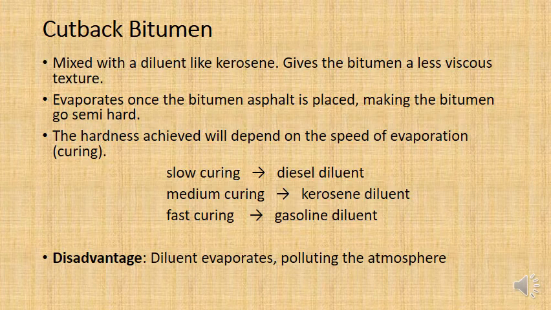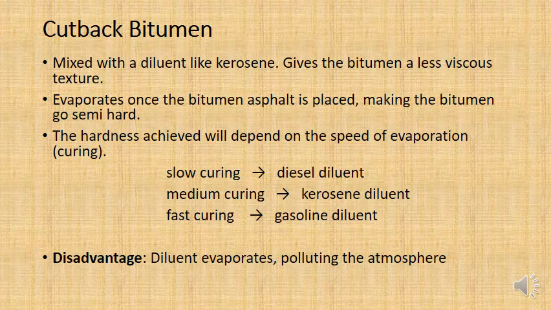And then what's going to happen is the kerosene is going to evaporate. When it evaporates, it leaves behind the bitumen. So remember, kerosene has a much lower evaporation point than bitumen. So kerosene naturally wants to evaporate.